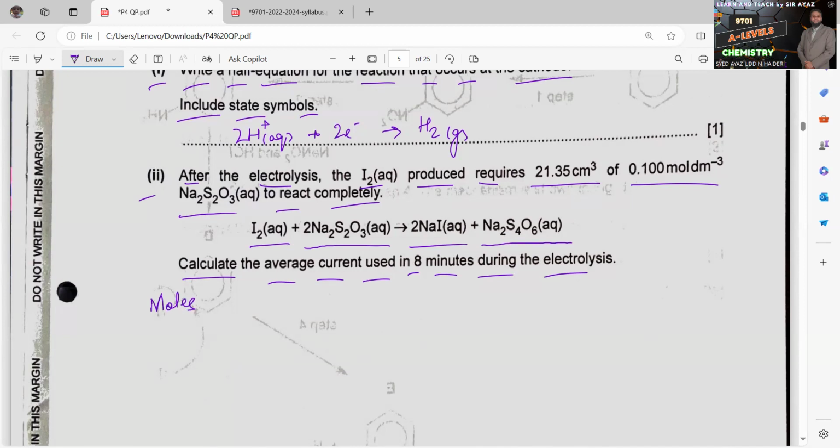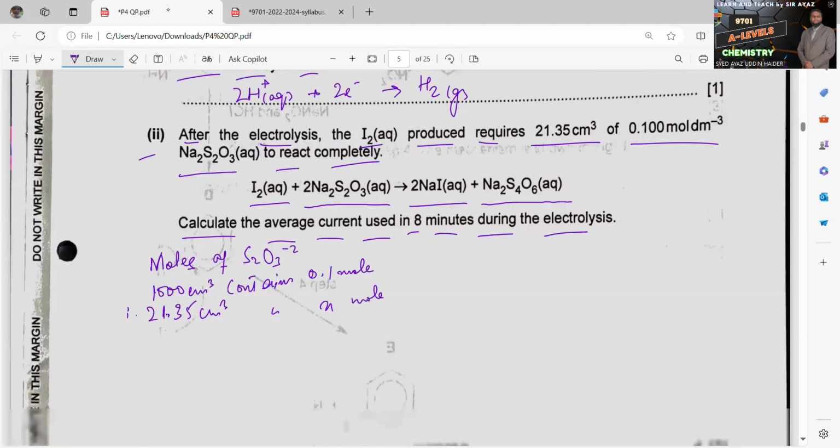Moles of S2O3 2-. So 0.1 mole per dm3 means 1000 cm3 contains 0.1 moles. Therefore, 21.35 cm3 contain X mole.